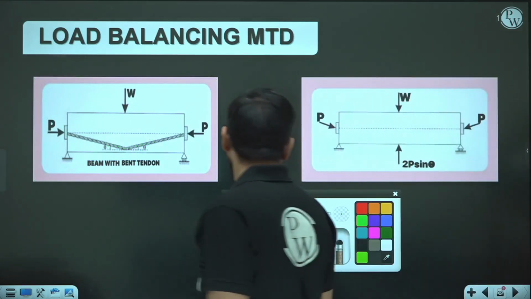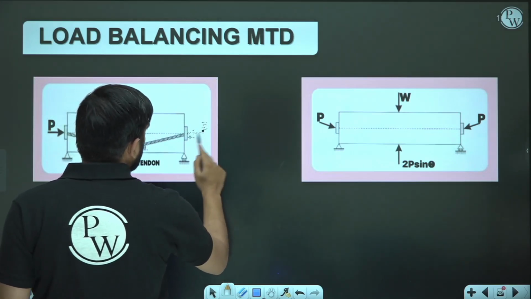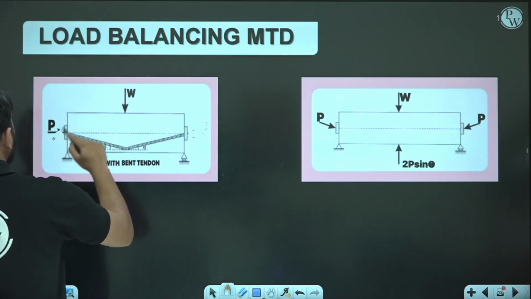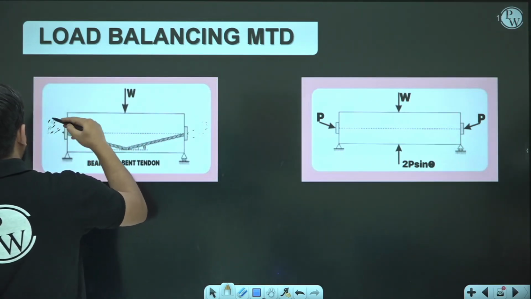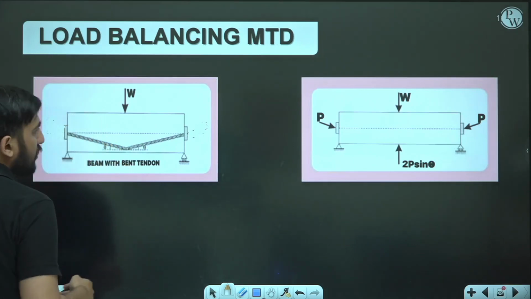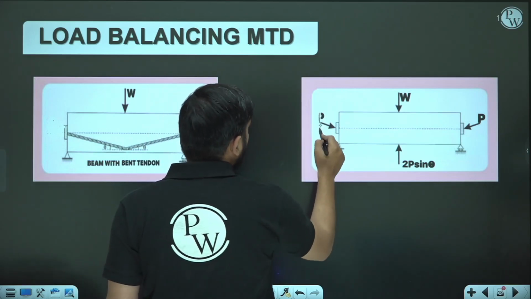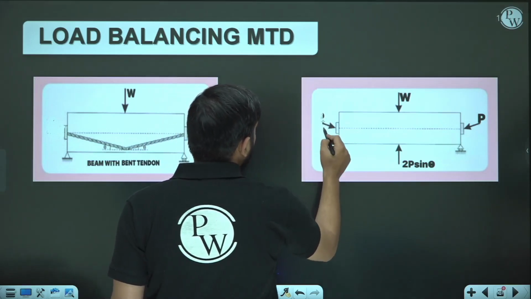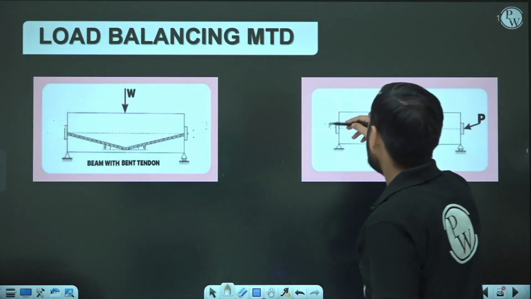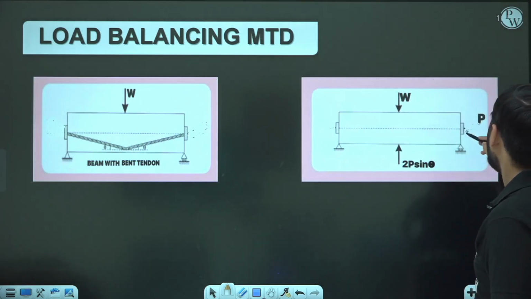Okay, so this is P in this direction. Although I am correcting it, this is a very minor angle. So P into cos of small theta is almost, it remains P only. It is not going to make a huge difference here.